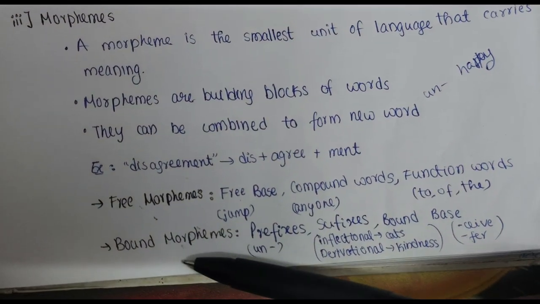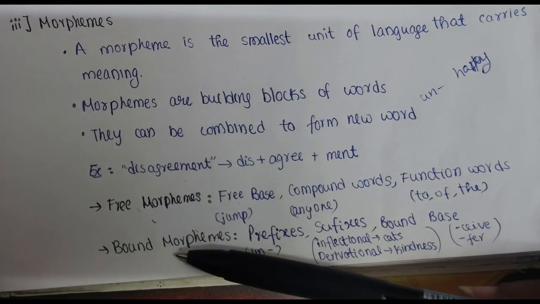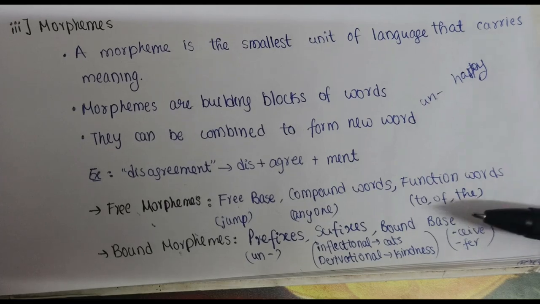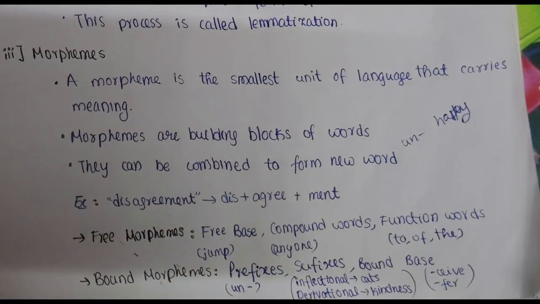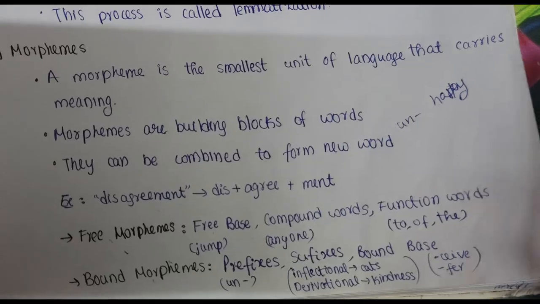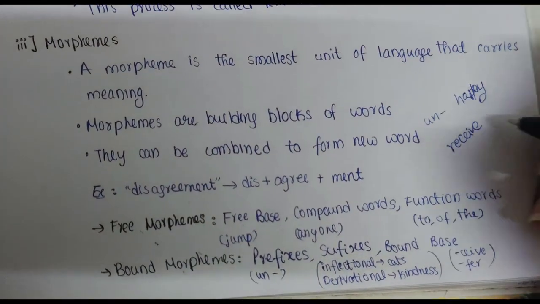Next is bound morphemes. In free morphemes, we get free base; in bound morphemes, we get bound base. Bound base is, for example, a word like receive, right?